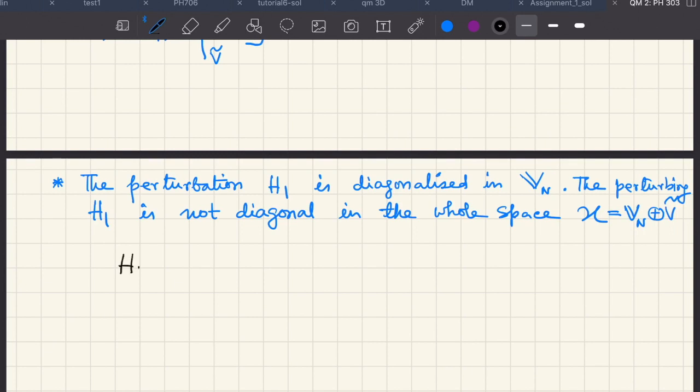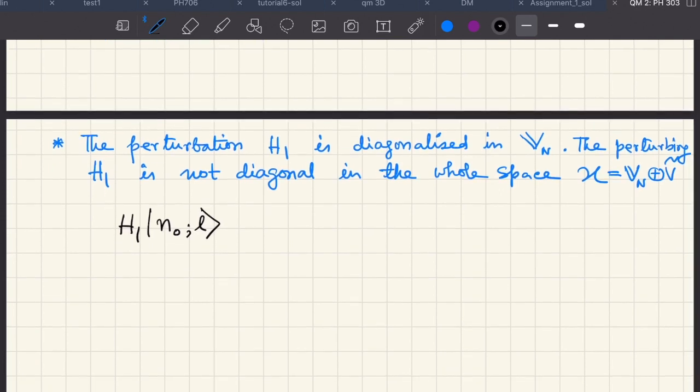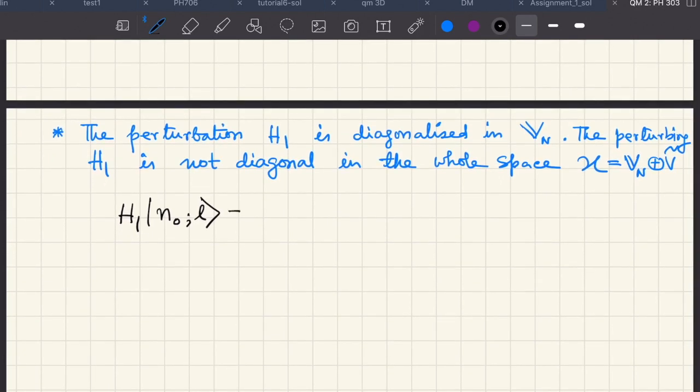So we have H1, the perturbing Hamiltonian, acting on N naught L. This I can write by inserting the identity operators and using the completeness relation like this.